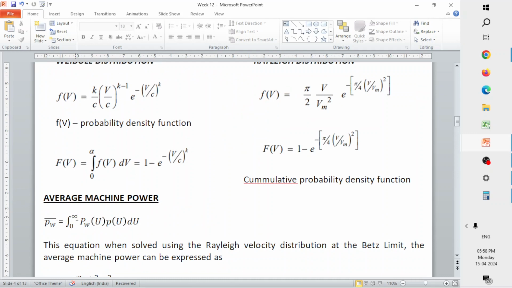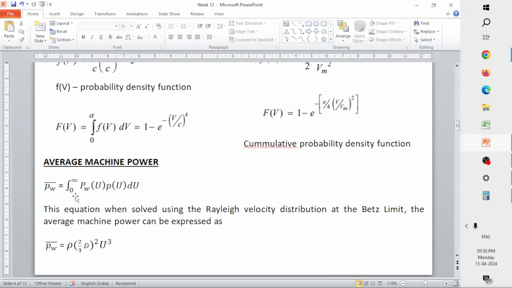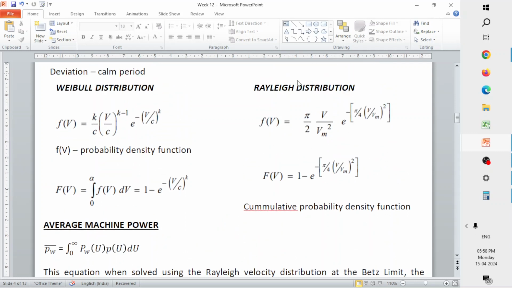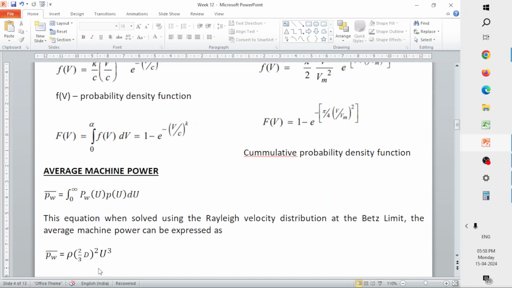That is an integral between 0 to infinity of PW times PU du. Once you substitute the function and integrate, you will be able to express the average machine power as rho times 2 by 3 d square u cube.